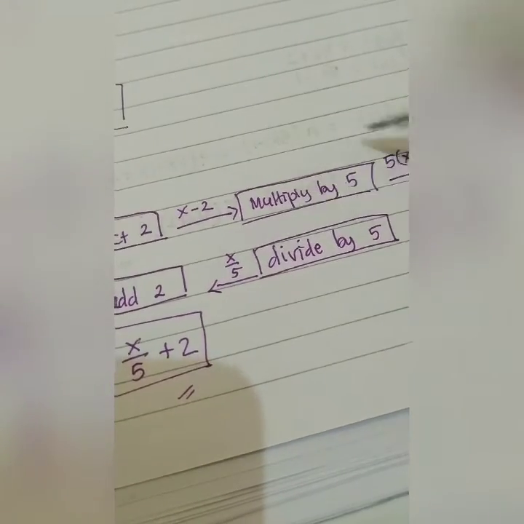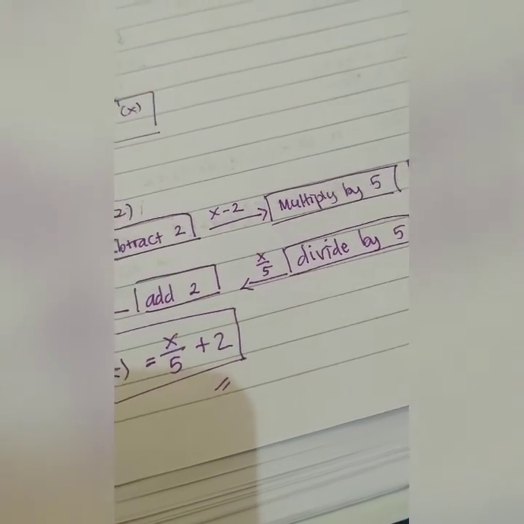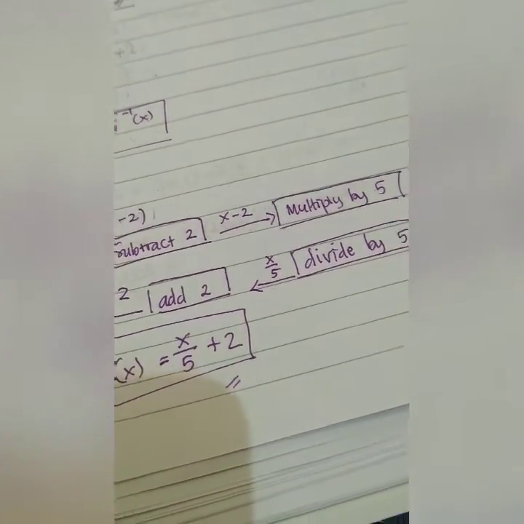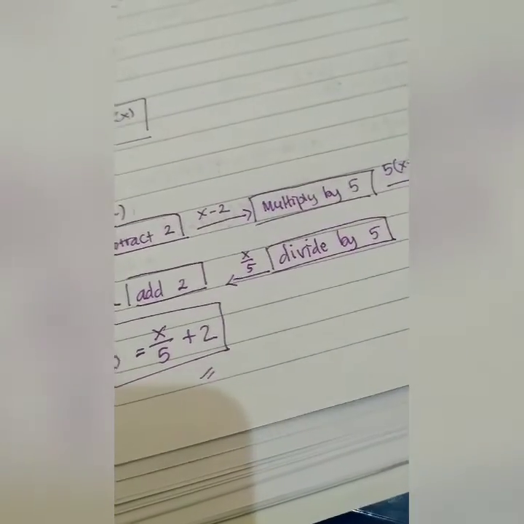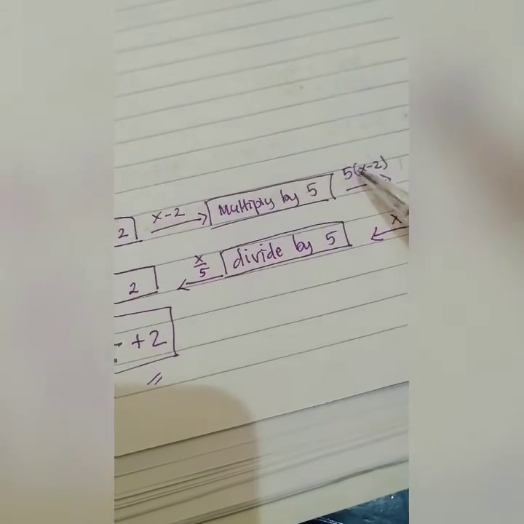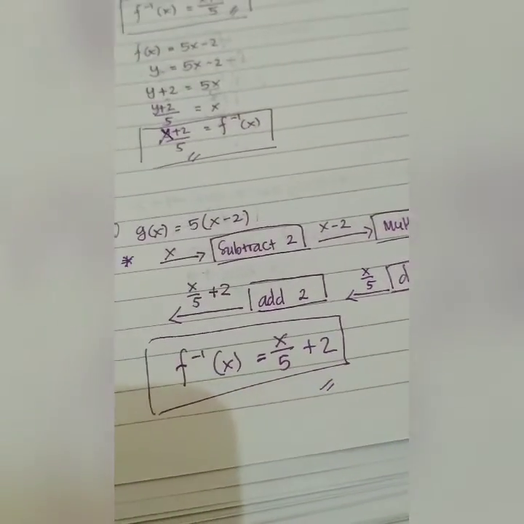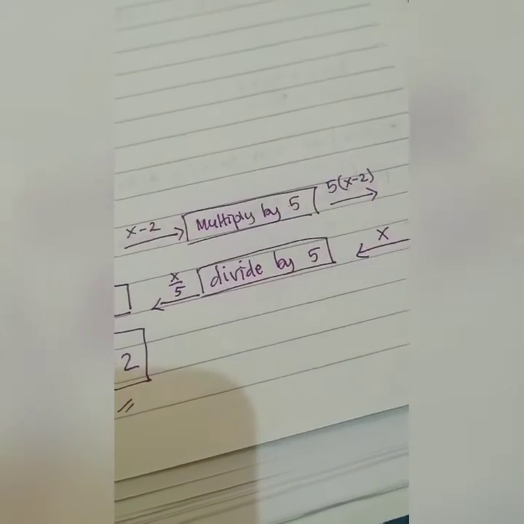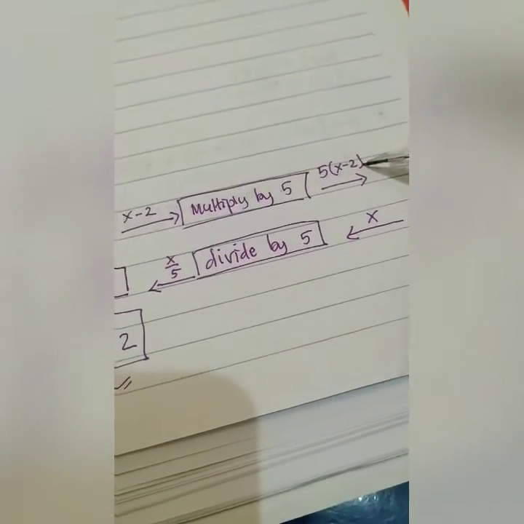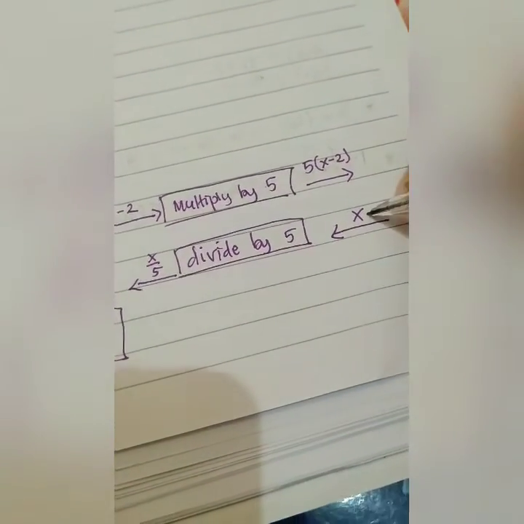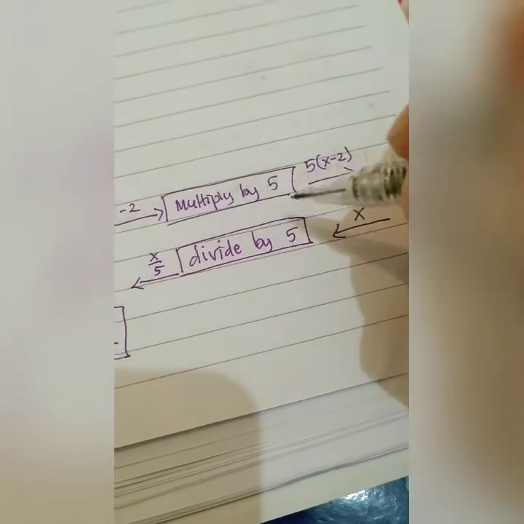Remember, multiply and the bracket have the same meaning in this inverse function, okay? So we got 5 open bracket x minus 2. Then to find the inverse by the flow diagram, we do the reverse. We start with x and go to the right side.